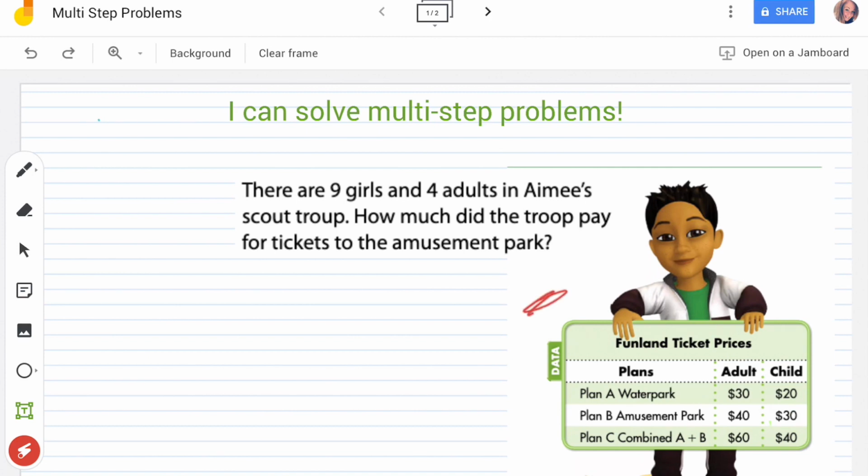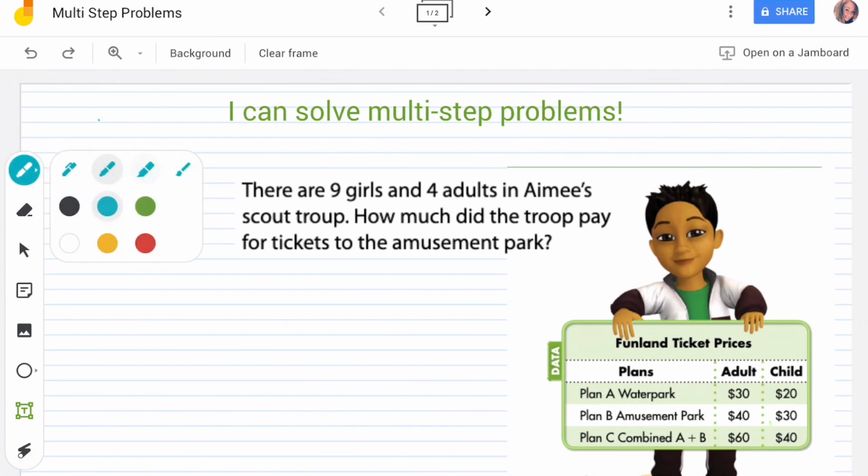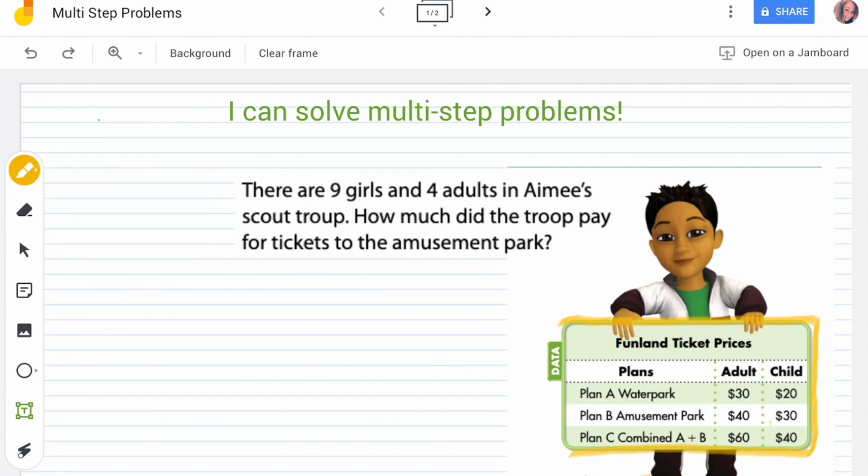That's right. If you are talking about this data table here, you are on the right track. This data table is going to help us solve our problem and give us the necessary information to do all the math. Let's go back to our problem and look for some information that we're going to need.